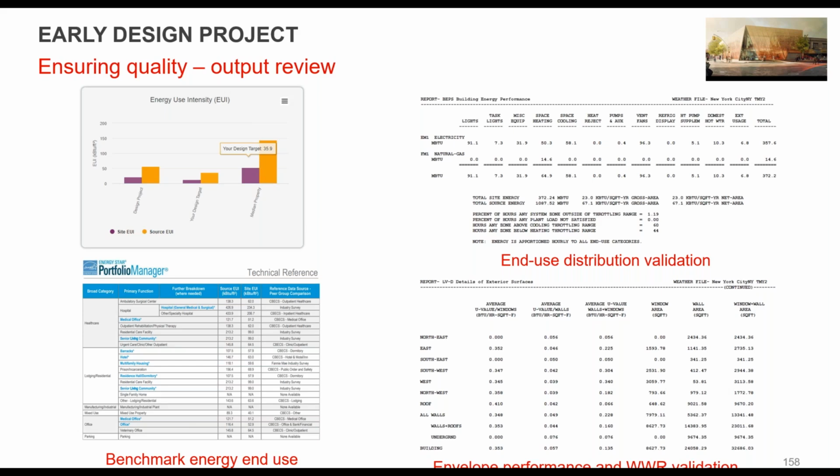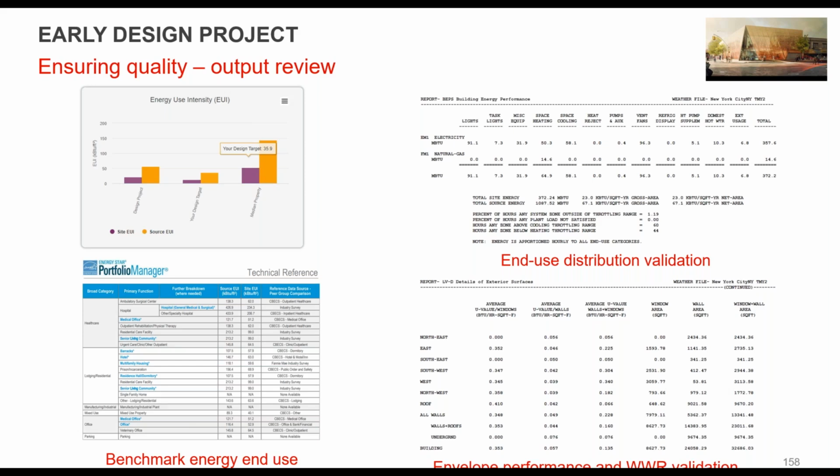Also, you can look at the energy use by breakdown, the distribution there. You have an example from DO2, showing lights, task lights, miscellaneous equipment, space cooling, space heating, etc., all the way through the total. And you can see how that's split out by fuel.